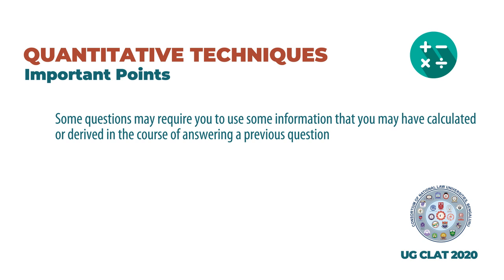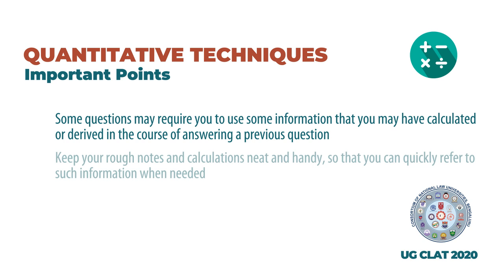Since this is the case, it is important that you keep your rough notes and calculations neat and handy so that you can quickly refer to such information when needed. Since the UG CLAT 2020 is, among other things, a test of your ability to answer questions efficiently, it would be a terrible waste of time if you had to hunt through your rough notes and calculations to find some vital piece of information.